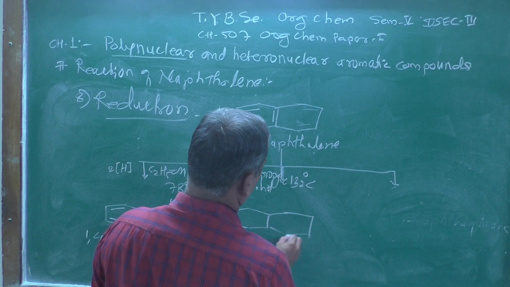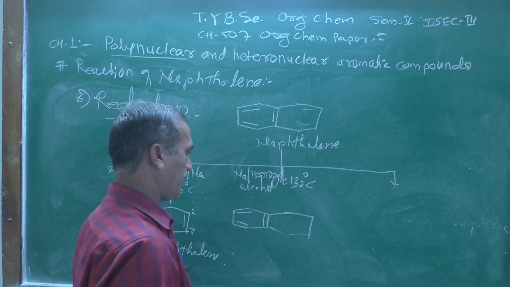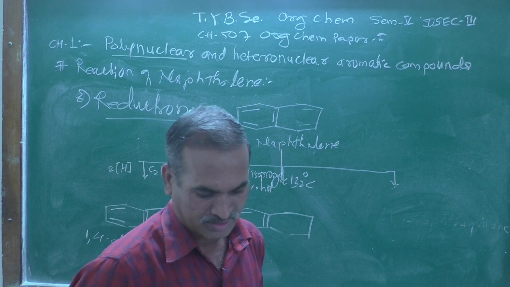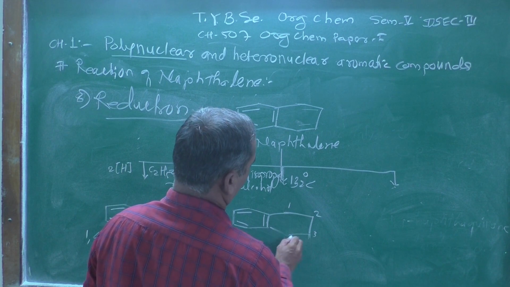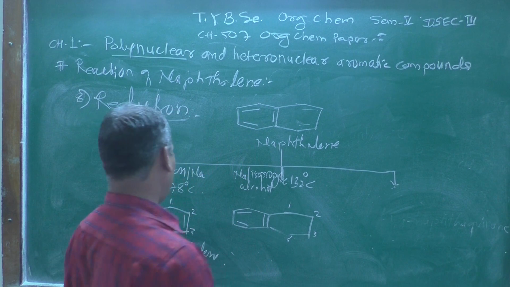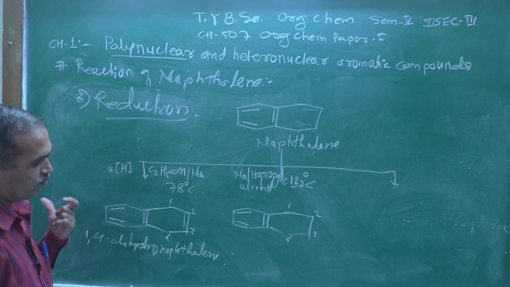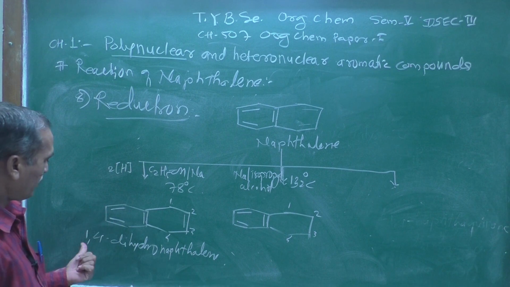Let us see here. Only one ring is aromatic and one saturated ring is obtained. And if you see over here 1, 2, 3, 4. In the first example, if you observe the structure carefully, what would you find?